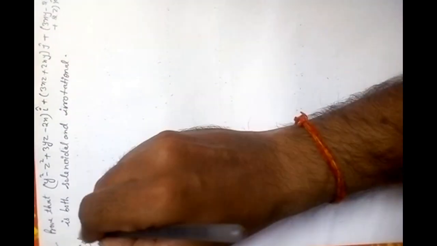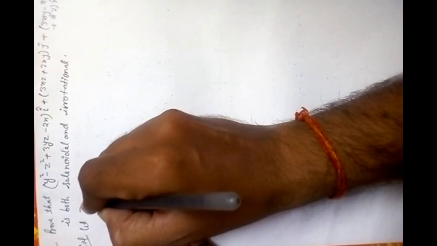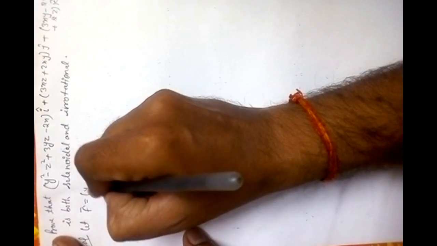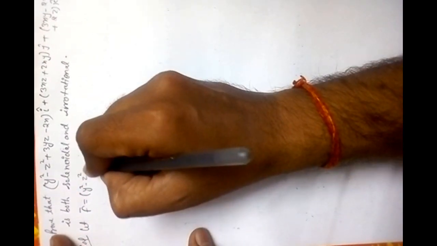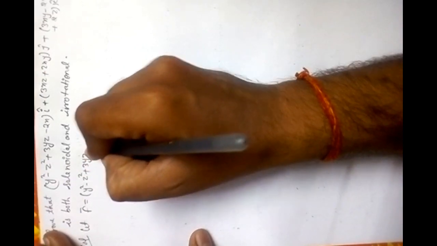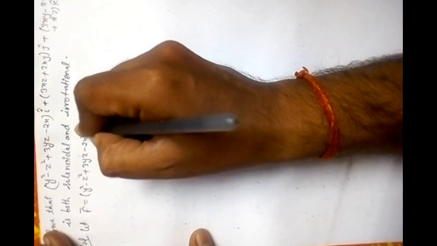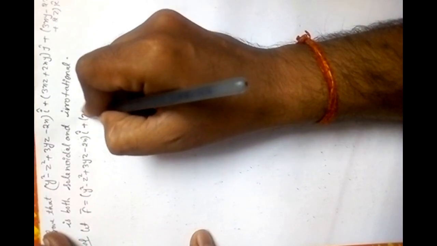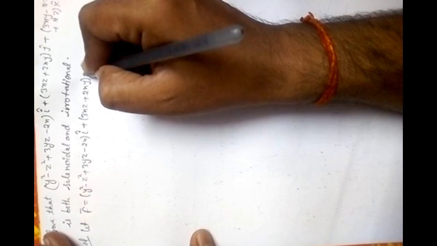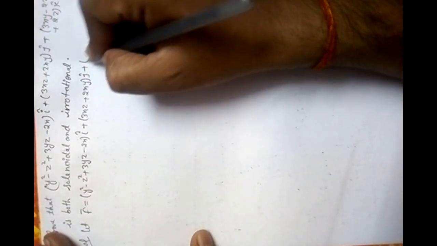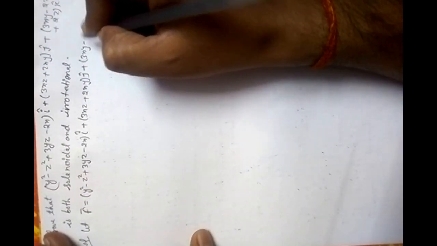Solution. Let vector f be y square minus z square plus 3yz minus 2x of i, 3xz plus 2xy of j, 3xy minus 2xz plus 2z of k.